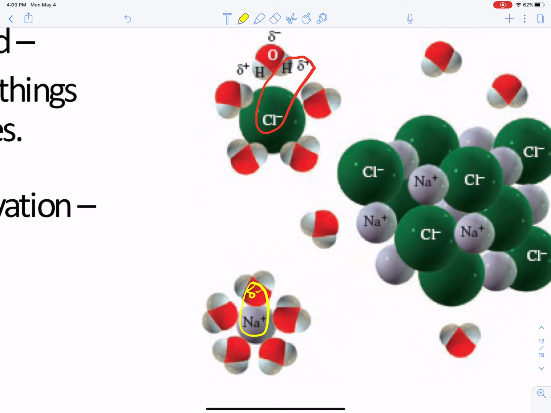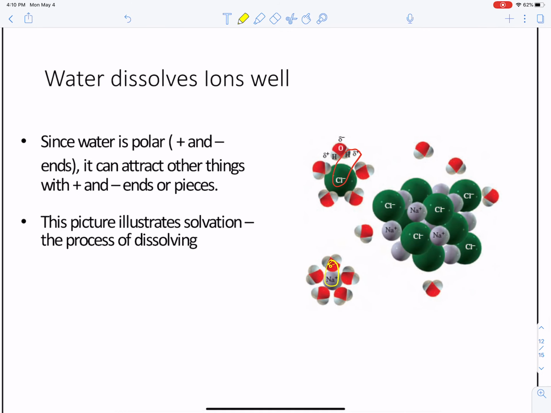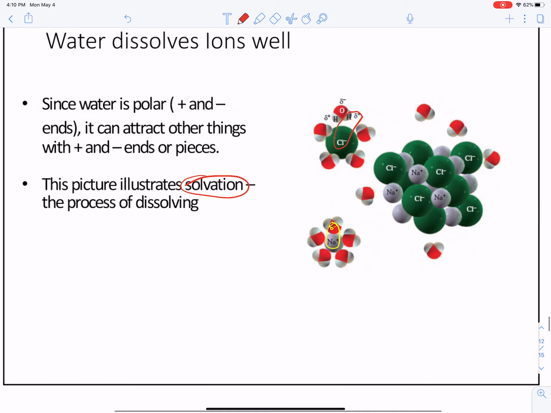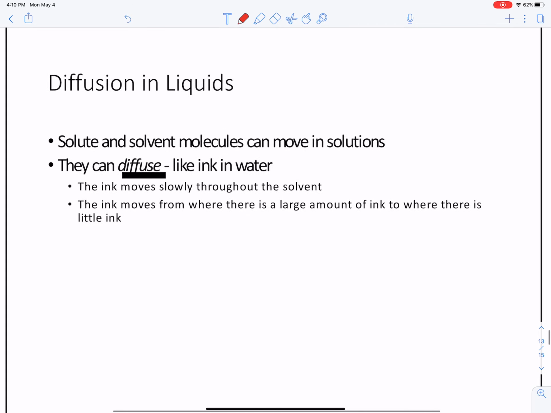That association helps them to dissolve well in one another. This is that dissolution or solubility that we're talking about. Solvation, right here. Solvation, that is the process of dissolving. That becomes something that may show up on your board.